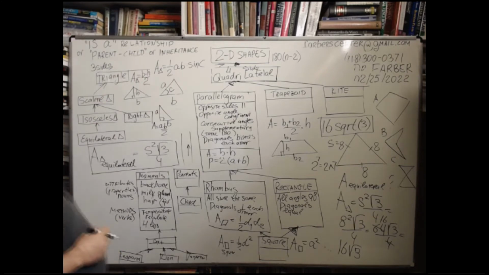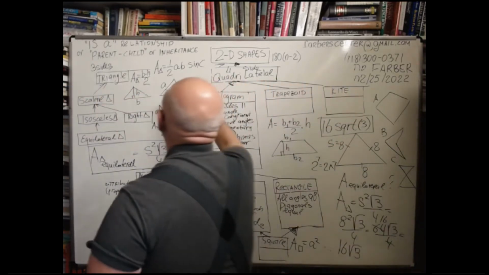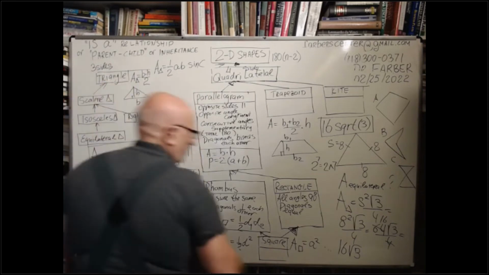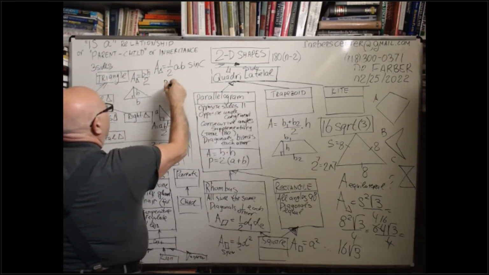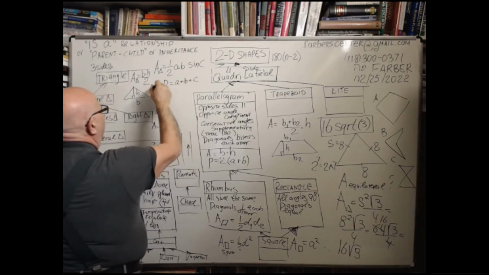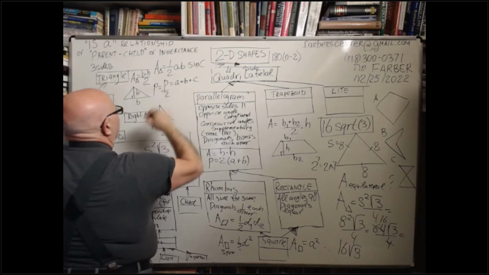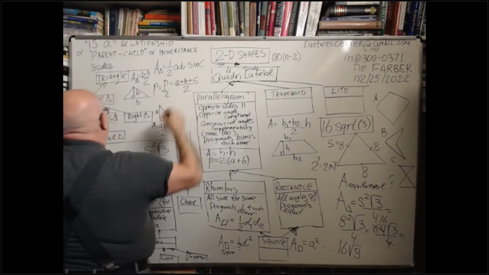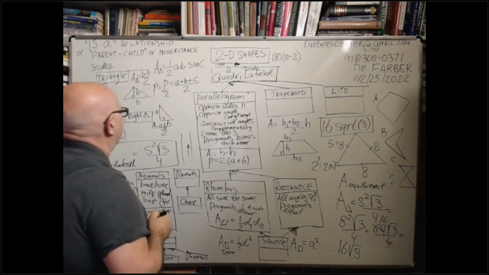Or if you have a formula for area, let's say for a triangle, you can find the perimeter of the triangle, like A plus B plus C. You can find the semi-perimeter, small p, which is P/2. And we have another. Sometimes in the SAT, they give you 3 sides.